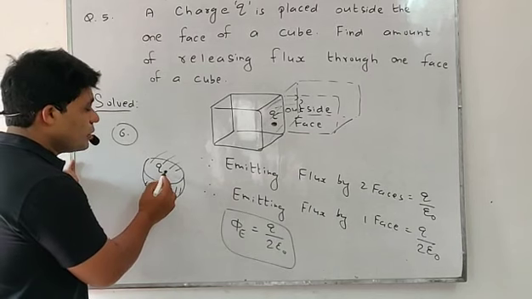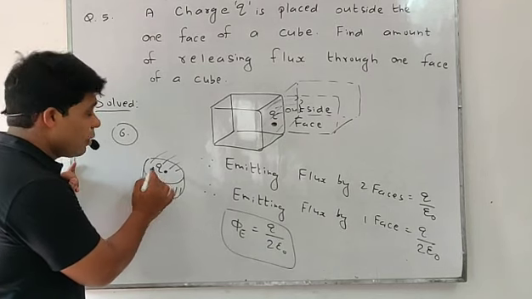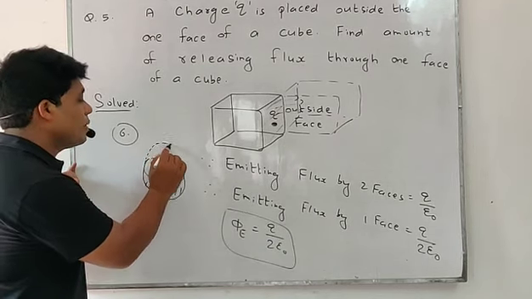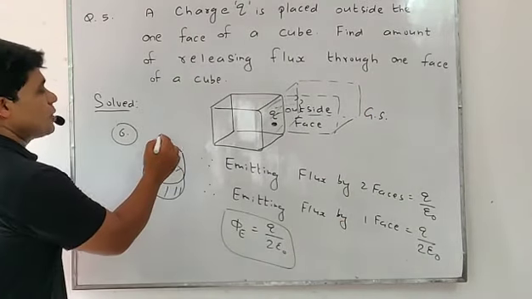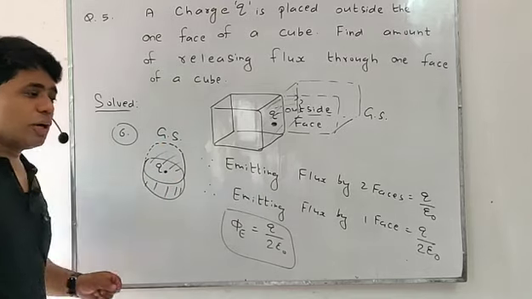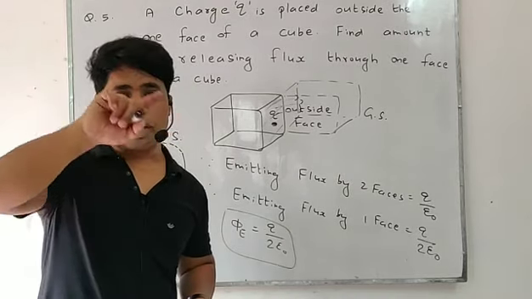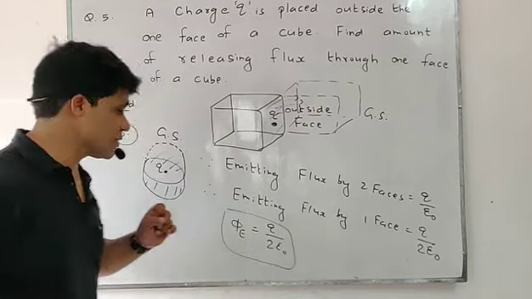Actually, the charge is open. We'll put another hemisphere on this. This is called a Gaussian surface. In order to enclose a charge, we assume an imaginary surface that is said to be a Gaussian surface.